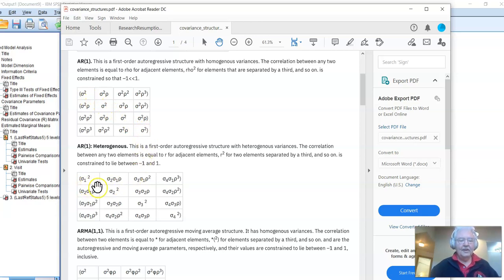If we had done heterogeneous instead of one little diagonal, we would get 6 estimates, a separate variance for each visit. So when you're calculating your confidence interval, you have to do it separately for each visit.